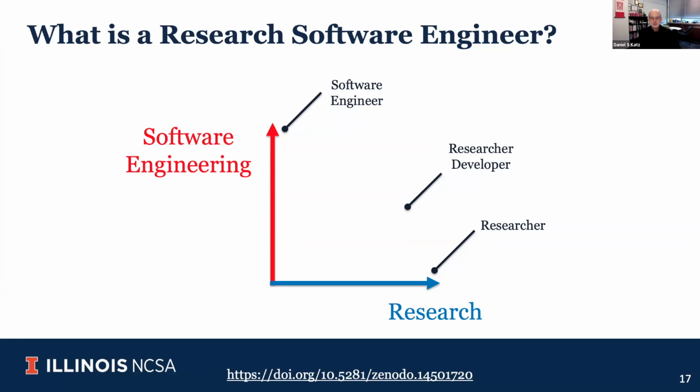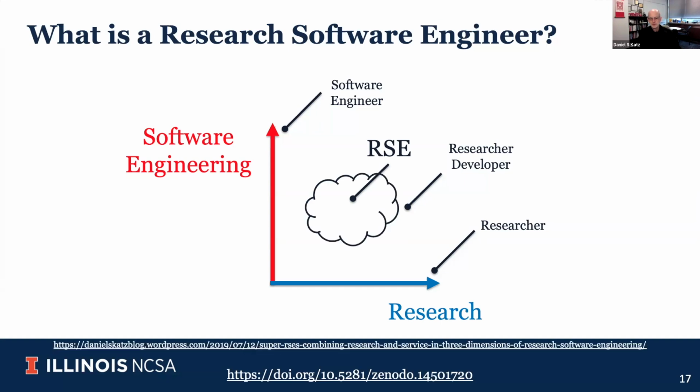And research software engineers then fit a little bit more in the middle of this, a bit better software engineering experience and potentially a bit less research experience, particularly in a given domain. But these are people that fit into a cloud. This is not just a point. And so some have more software engineering experience, some have more research experience in a given discipline.